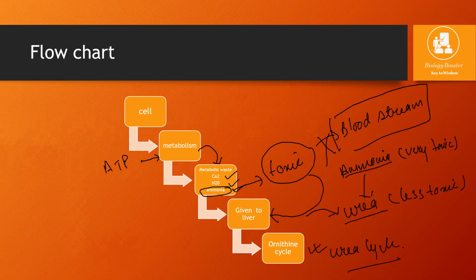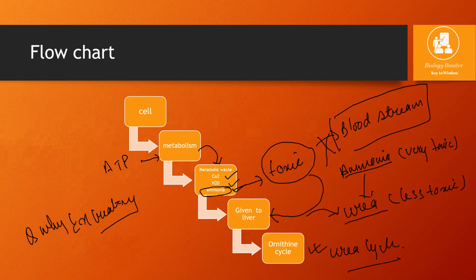So the question was why there is an excretory system in the body. It is because we need to take out the metabolic waste, which is carbon dioxide, water, and ammonia. And because ammonia is very toxic, it should not be given directly into the bloodstream.